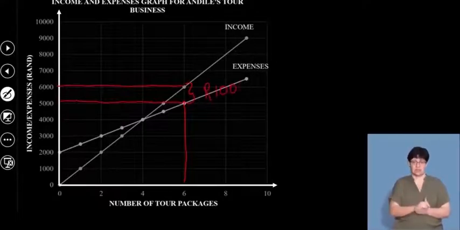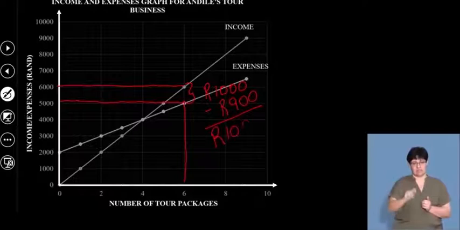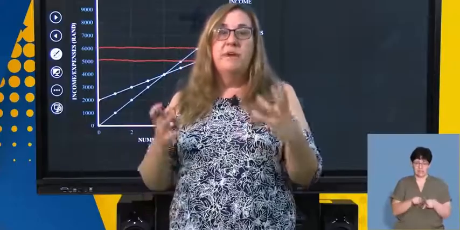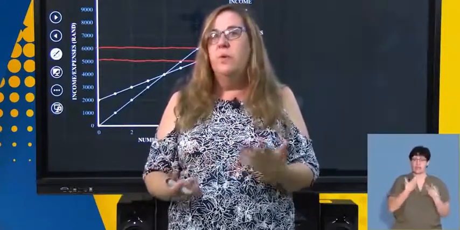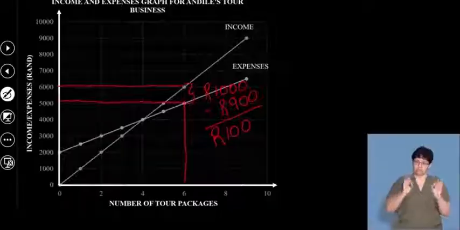I'm just going to write it in here, and from that I needed to minus my VAT, and that's where I get my 100 Rand. So from both doing the calculations and using the graph, I've got the same answer. And that's always a good idea. If you can do something more than one way, then do that so you know that you've got the correct answer.